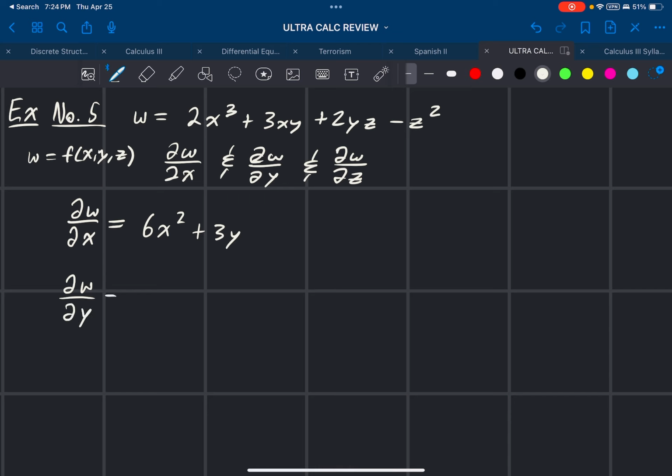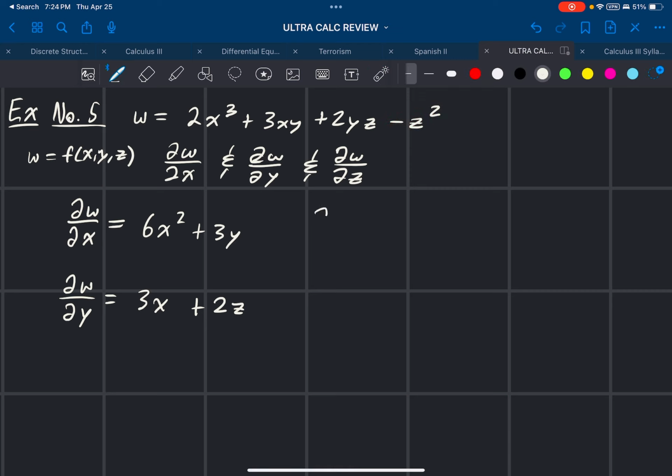Let's do the partial derivative of w with respect to y. So right off the bat, this first term gets eliminated. It's gone. Then we have 3x plus 2z, and then that's it. This last one gets eliminated too.